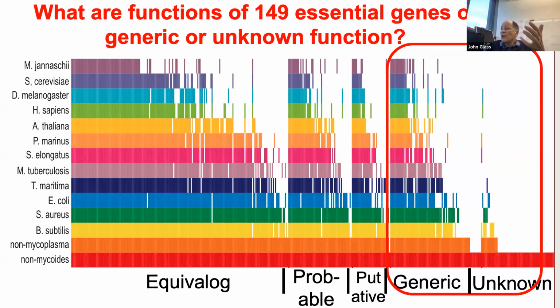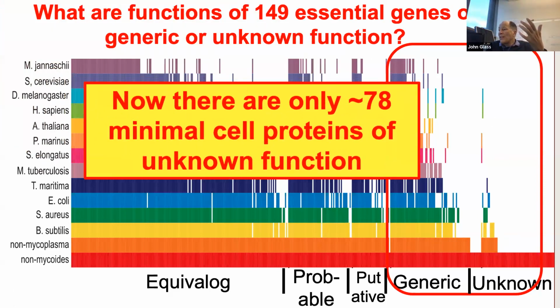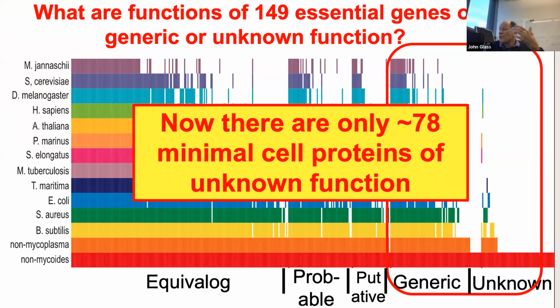We've been working at this for about 6 years, and we've now reduced it from 149 to 78, and we're doing better and better. And AlphaFold, for instance, where we can predict protein structure based on its primary sequence, has helped a lot here.